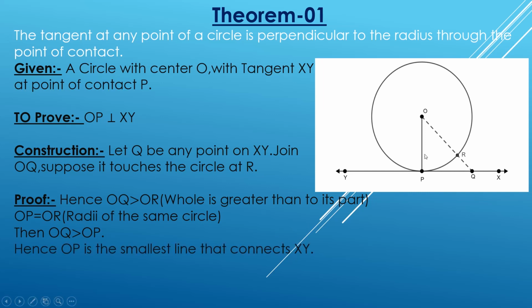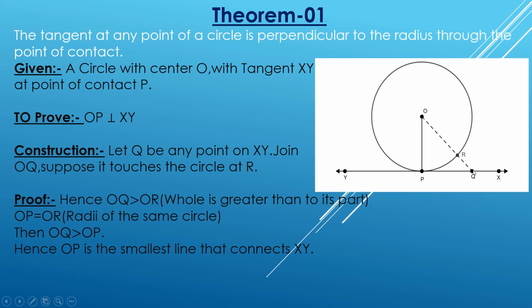Hence, in this image, OP is the smallest line that connects O to XY. Is it right? Because OP is less than OQ.